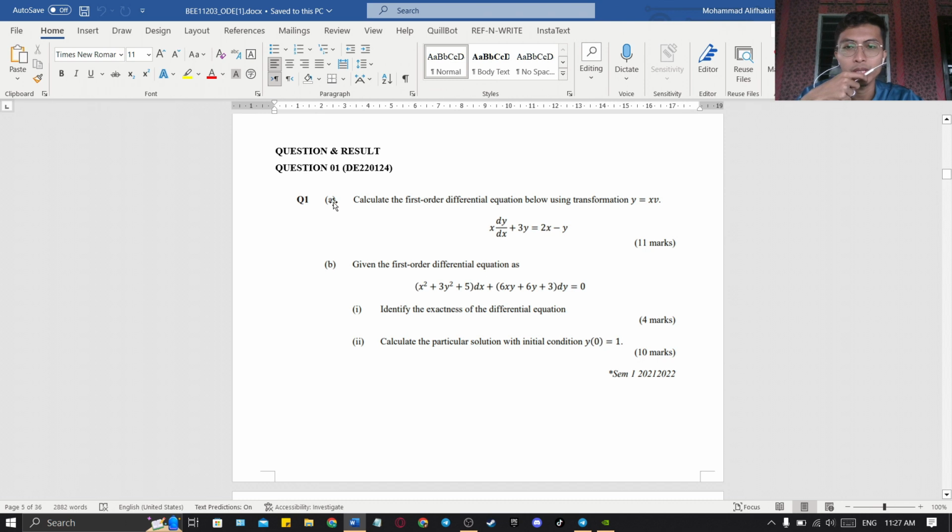For Q1A, calculate the first order differential equation below using the transformation y equals xv. If you know that for a first order ODE, y equals xv is used in homogeneous equations. So we have x dy/dx plus 3y equals 2x minus y.